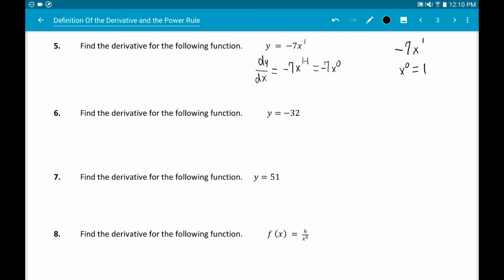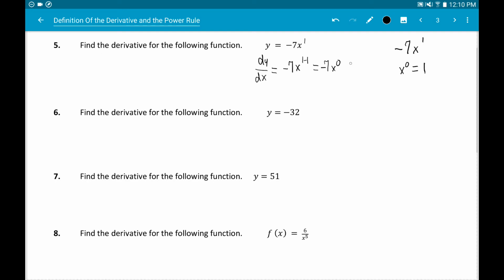Type 8 to the 0 in a calculator, you'll get 1, etc. Any number raised to 0 is always going to be 1, except for 0 itself. 0 raised to 0 is undefined. If you try to type 0 raised to 0 in a calculator, you'll get an error message. Okay, so my point here is this is really the same as saying negative 7 times 1, which is just negative 7.